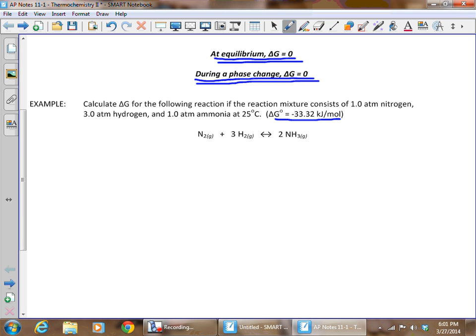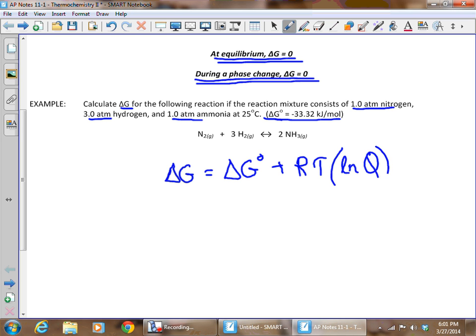So it gave us delta G naught, and it gave us values of pressure for each of the substances listed in the equation, which means we can find Q. So that should be our indication that we're dealing with delta G equals delta G naught plus RT times the natural log of Q.